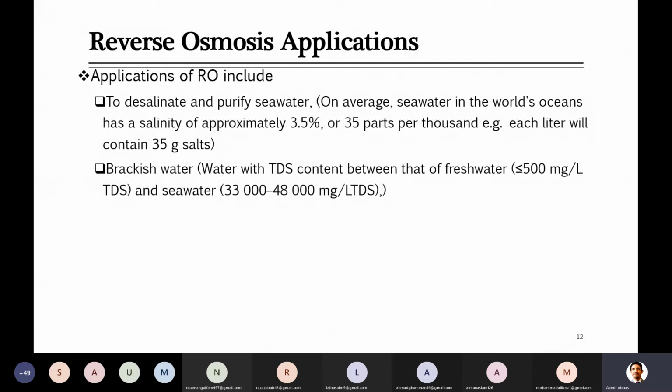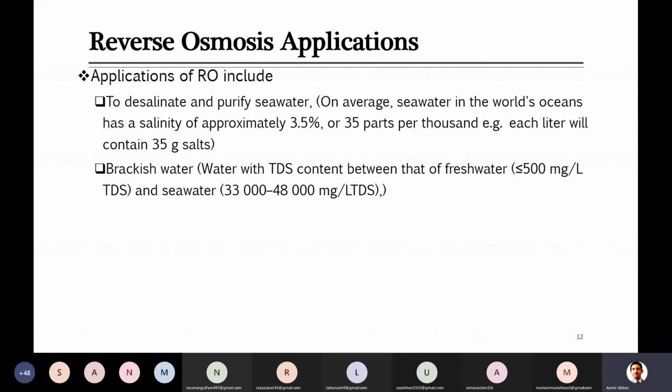The next application of reverse osmosis is to clean brackish water, that is, water with TDS, total dissolved solids, in between fresh water and seawater.